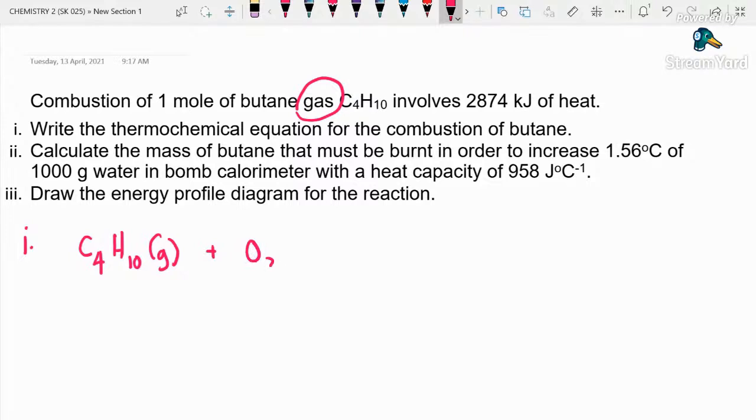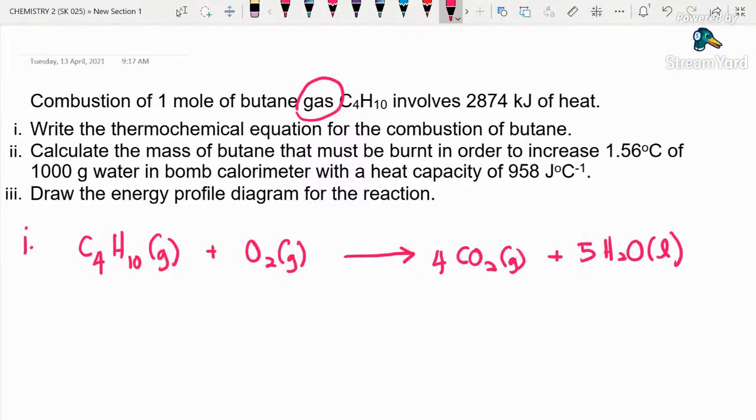Plus O2 gas produces CO2 gas plus H2O liquid. So this is 4 mole, this is 5 mole, and then 4 times 2 is 8, plus 5, 13. So 13/2.